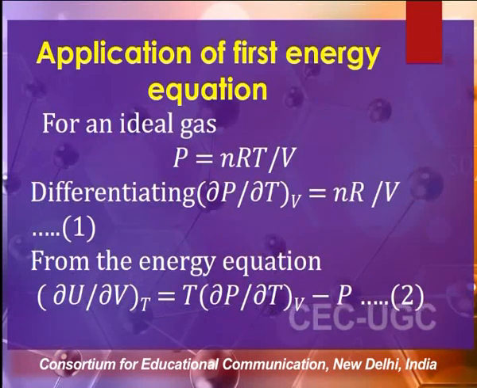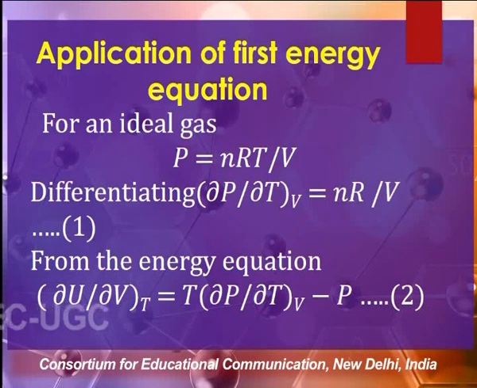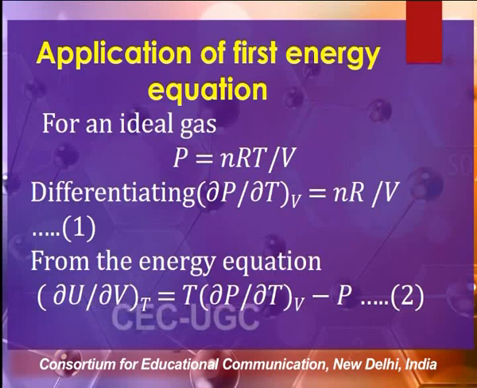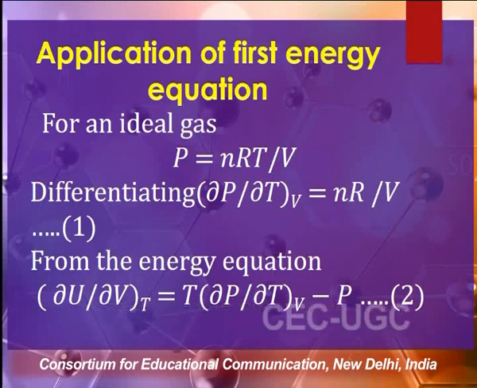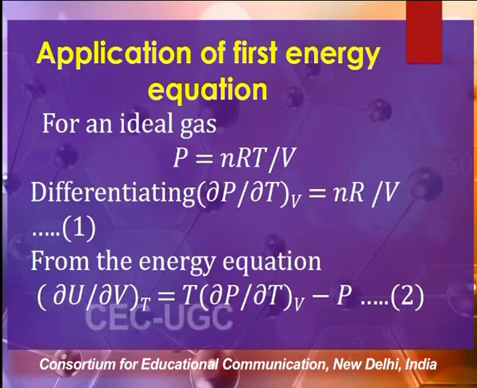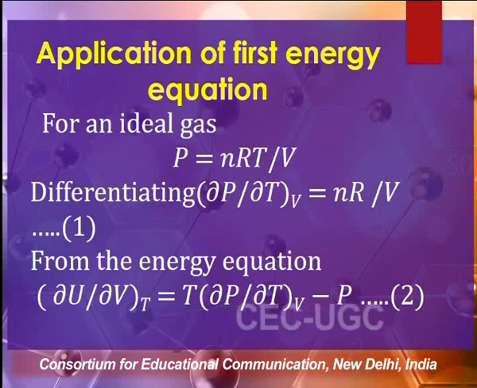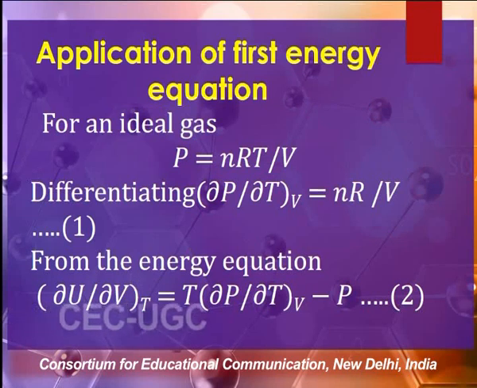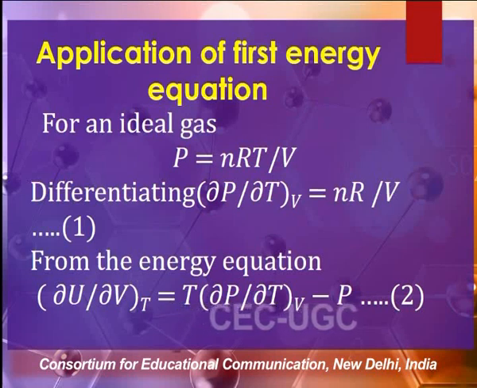Let me show an illustration of the application of the first energy equation. Consider an ideal gas. The equation of state for an ideal gas gives P is equal to nRT/V. If I differentiate the above with respect to temperature at constant volume, I get ∂P/∂T at constant V is equal to nR/V.